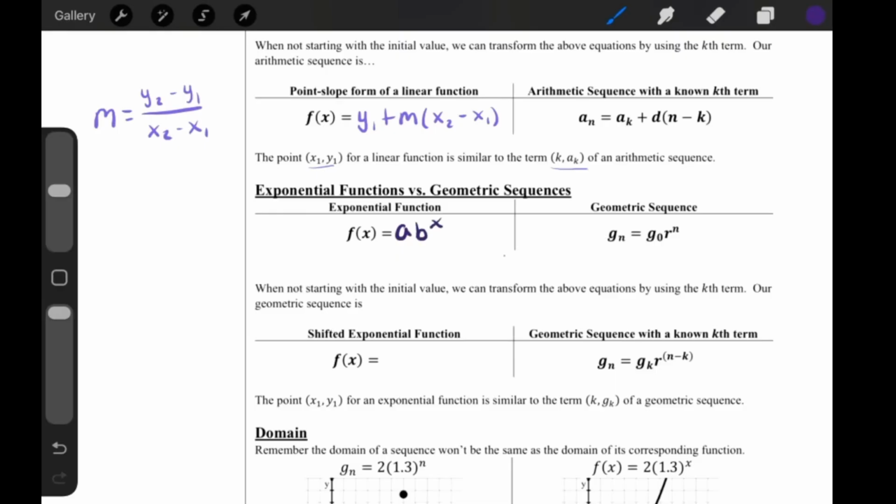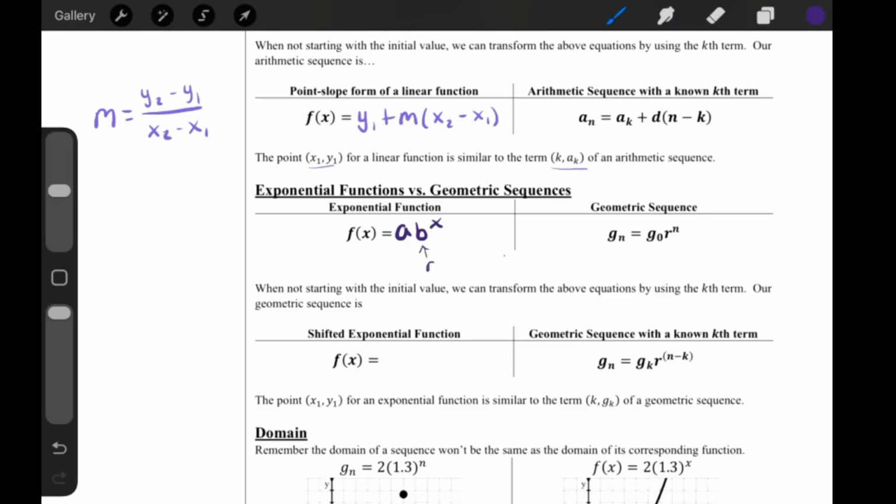And our geometric sequence was g of n is equal to g naught times r to the n power. So for the most part, we will be using r instead of b. We'll switch it out with r because r stands for ratio, and it helps when we're reading the problem to correlate it to ratio rather than b.